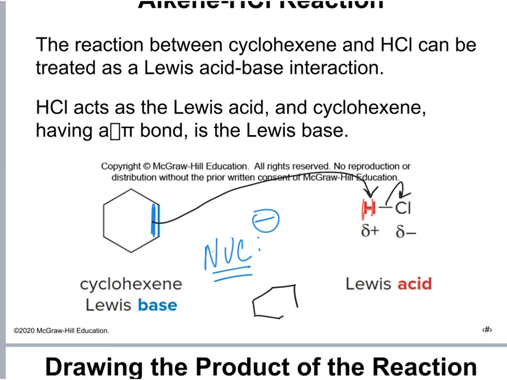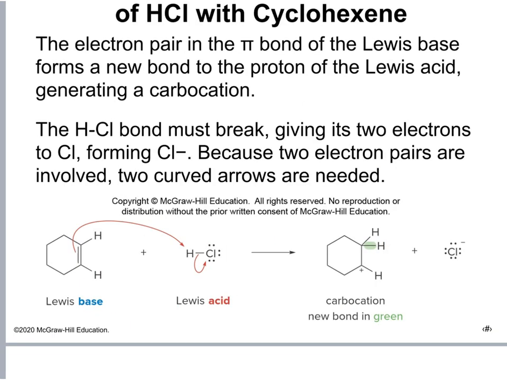And when we get into reaction mechanisms, you're going to learn to do something like this, and then the chloride is there. And so this is your nucleophile, this is your electrophile. And that's what it's showing you here. And these are reaction mechanisms, and we will practice this more when we get into reaction mechanisms.